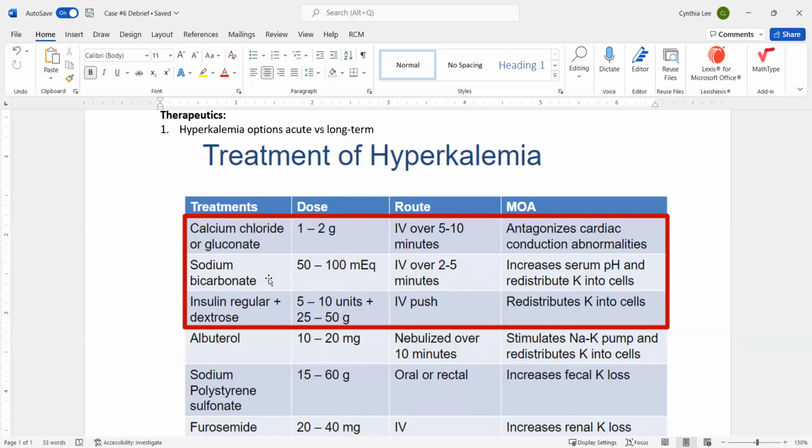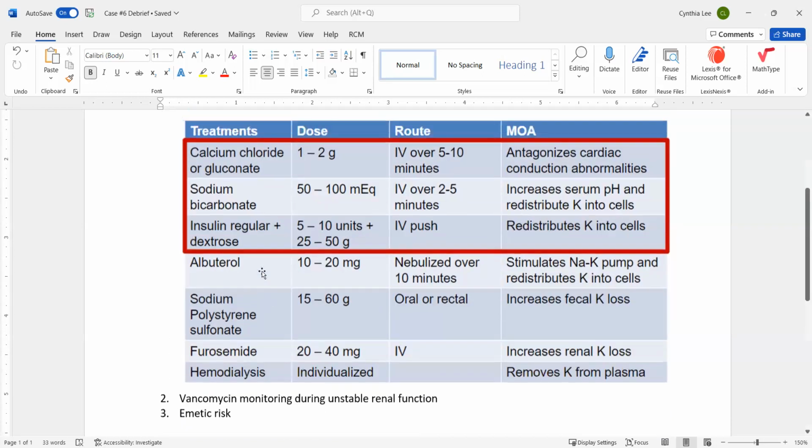There are other options such as albuterol, but again, when somebody's having cardiac arrest, basically they're dead, right? Their heart stops working. You're not going to have them nebulize something, right? Or have them take something orally. Furosemide, the mechanism of furosemide is that it increases renal excretion of potassium, but when they're unconscious, they're not going to produce urine at that time, right?